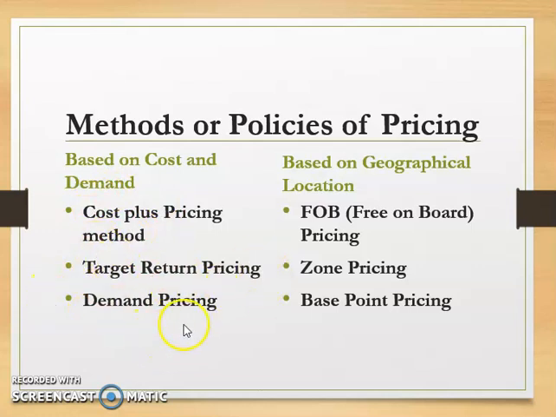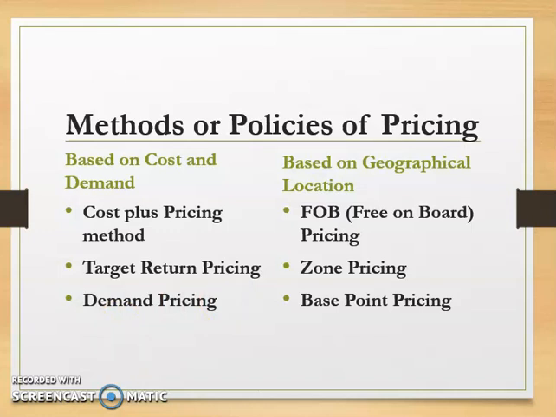And then the last one is demand pricing, under pricing based on cost and demand. So if the demand is low, the price will also reduce. If the demand is high, the price will also rise. That becomes demand pricing.